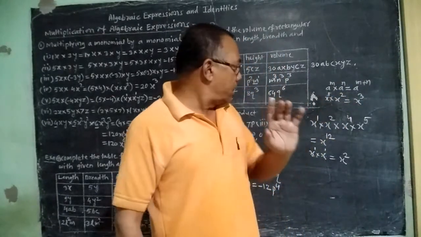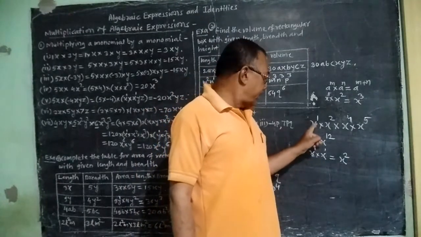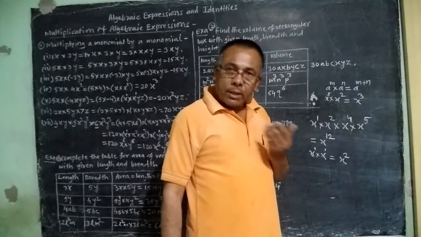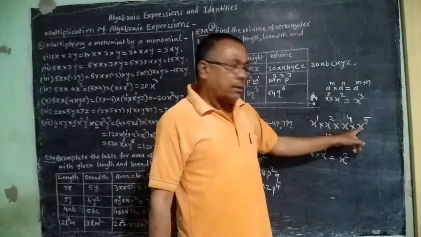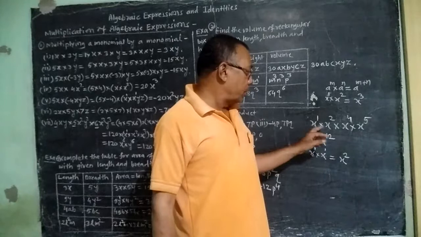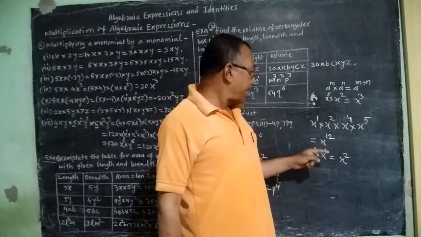So if, for example, x into x square into x raised to 4 into x raised to 5 is given, again all the bases are the same, and therefore we must write x only one time and add the exponents.